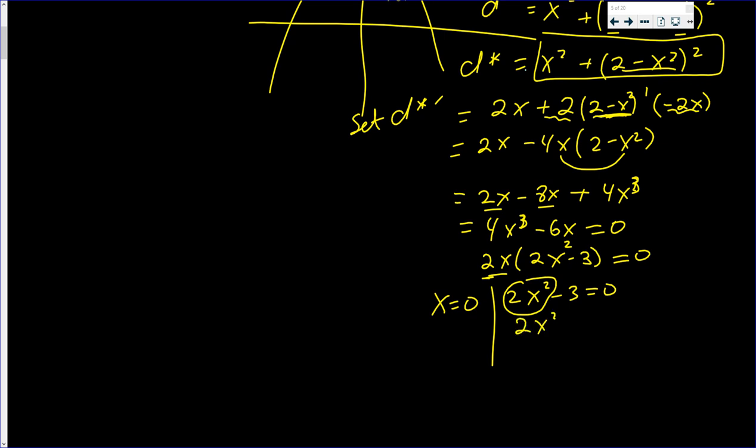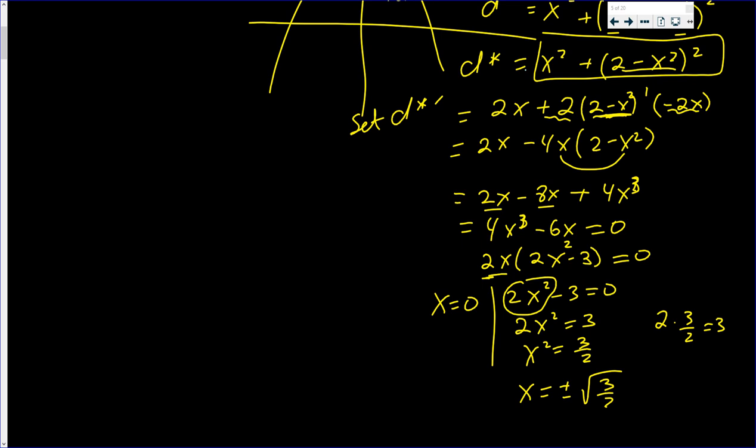So 2x squared must be 3. That means x squared must be 3 over 2, because only 2 times 3 over 2 gives me 3. So x must be plus or minus the square root of 3 over 2.